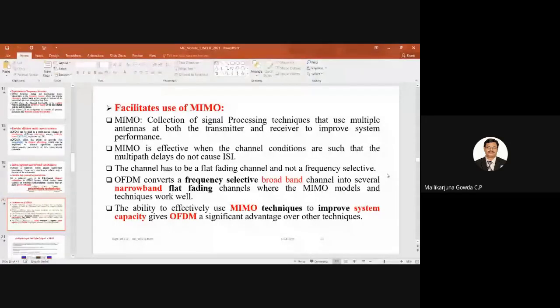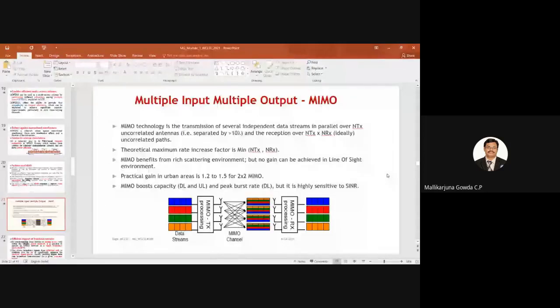Just to understand what MIMO is, I have kept this slide. I hope you are able to understand here. See data from each different stream. So this is the MIMO transmitter processing. Multiple antennas are used at the transmitter side, and similarly, multiple antennas are used at the receiver side. This we call a multiple input, multiple output system.